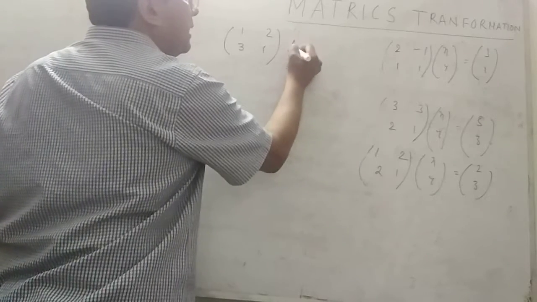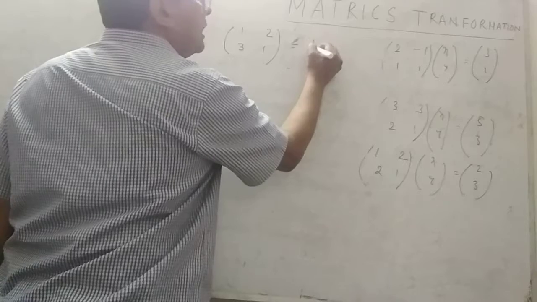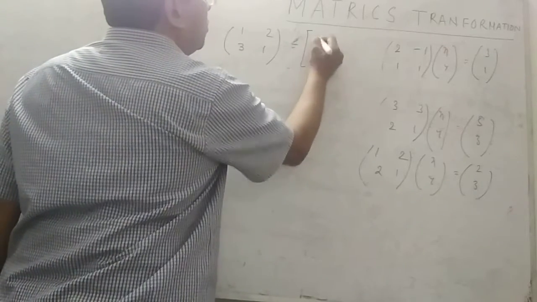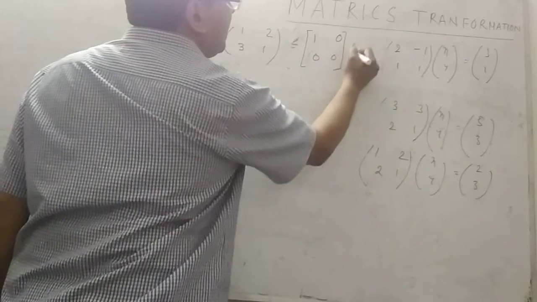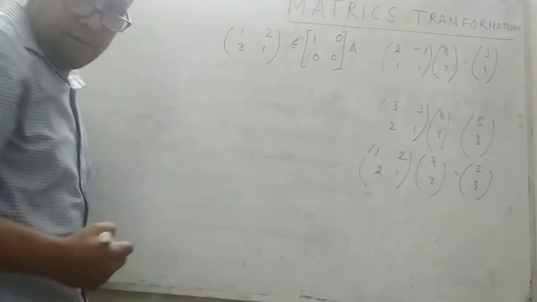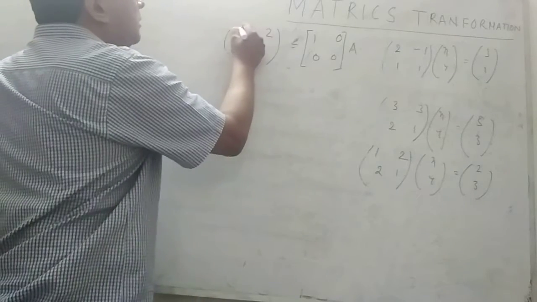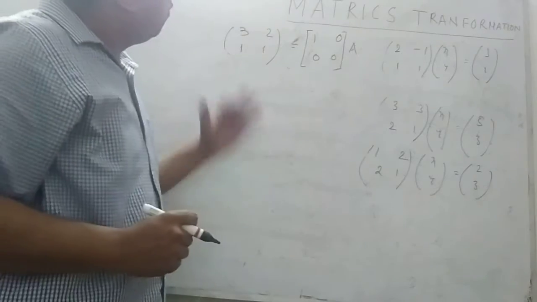I am writing in this way. Suppose this identity matrix, 1, 0, same order of identity matrix I am writing. So suppose I am over here. Now this is 3, this is 1. If I want, what can I do?